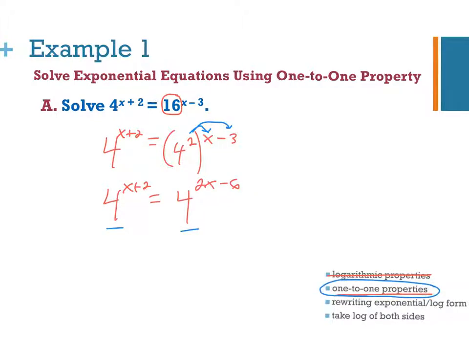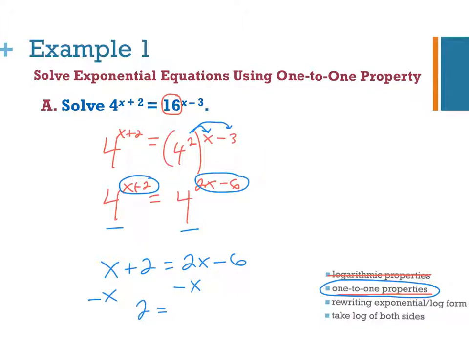Since I have both base 4s, I can set the exponents equal to each other and solve for x. Subtracting x from both sides, and then adding 6, I get my final answer of x equals 8. Now remember, you can check your answers by subbing back into the original function just to make sure we're right.